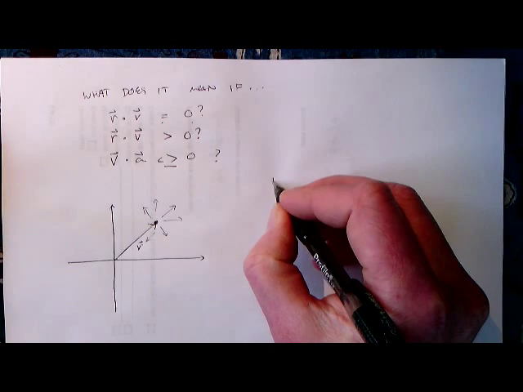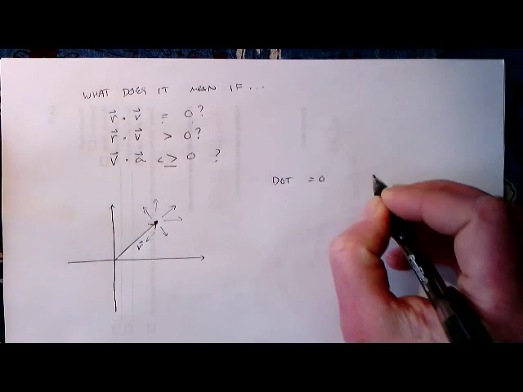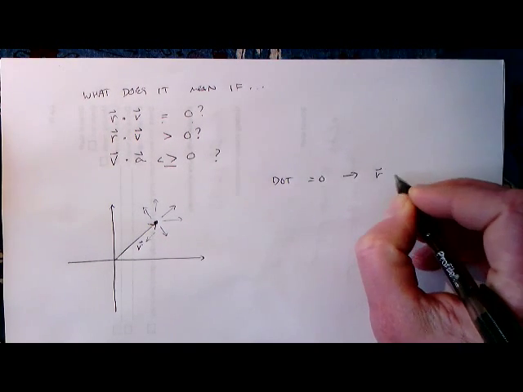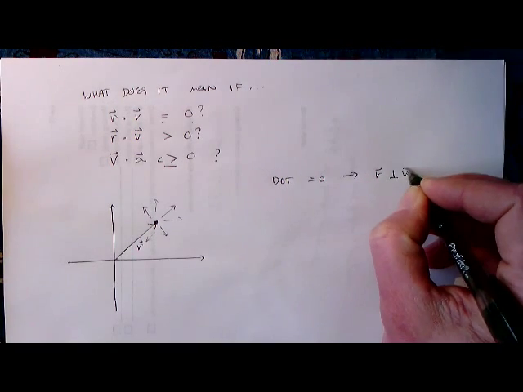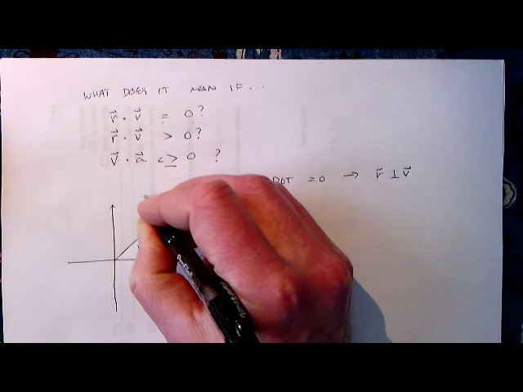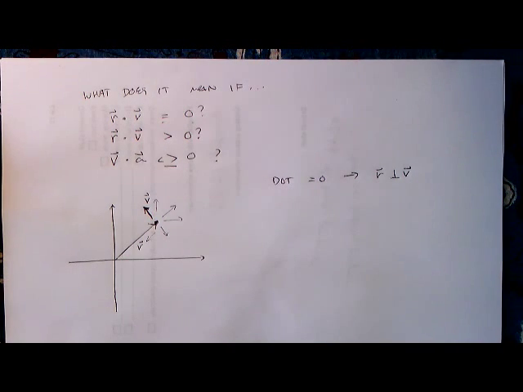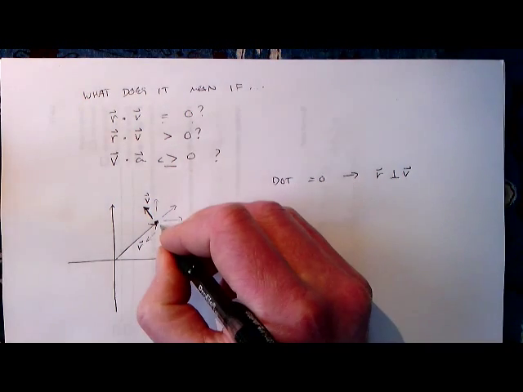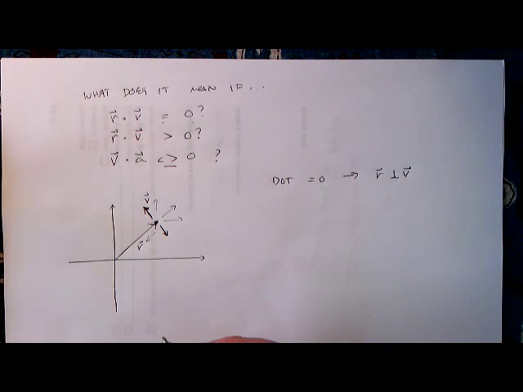Well, if you remember, when the dot product is equal to 0, that implies the two vectors are perpendicular. So if the velocity were in this direction, that would imply that r dot v was 0. And also if the velocity was in this direction, r dot v would be equal to 0. And for which vectors is r dot v greater than 0?